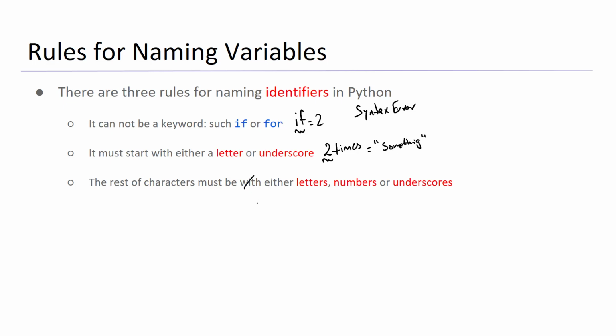So, for example, you cannot have a variable name called times.2, because this dot cannot be used in a variable name. It has to be letters, numbers, or underscores.